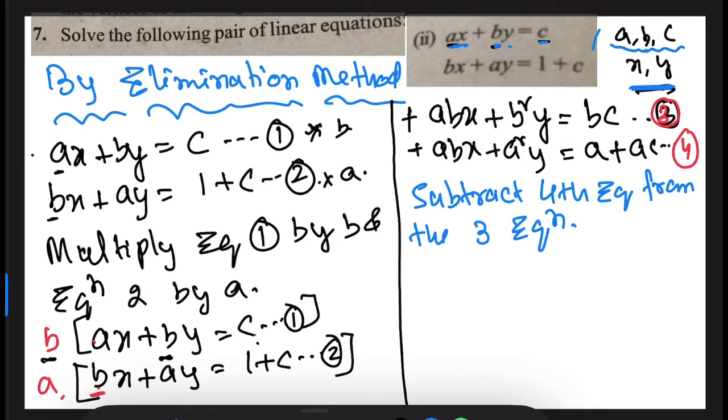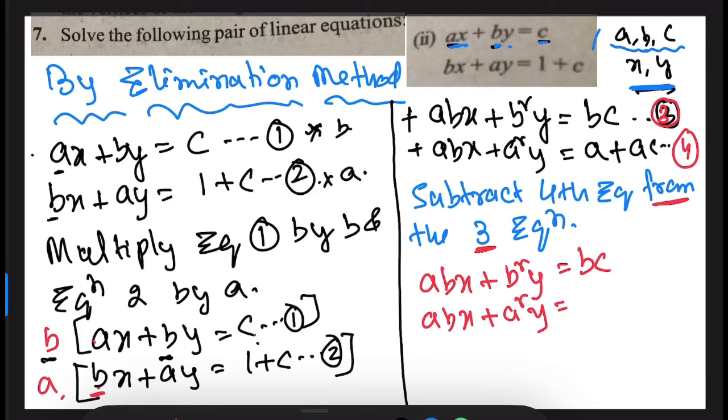So the third equation first we should write: abx plus b square y equals bc, and the fourth equation is abx plus a square y equals a plus ac. Now subtraction, so we shall change the sign. This has become minus, and this also becomes minus. This a becomes minus a, plus ac becomes minus ac.